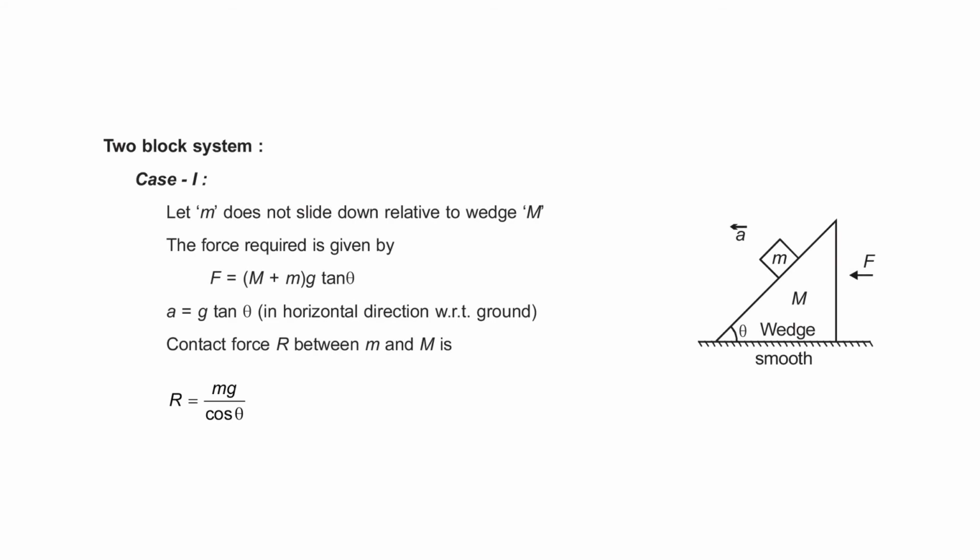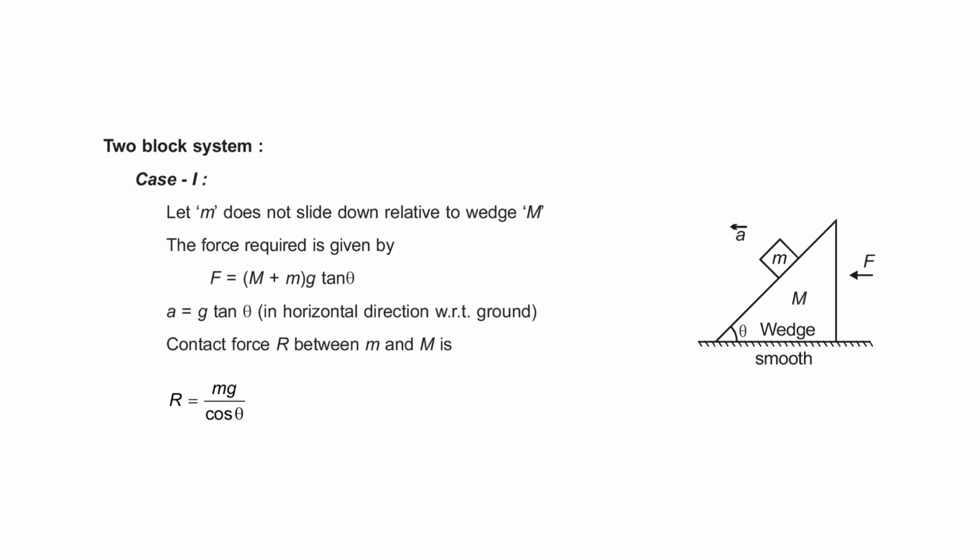Let us now move on to the next important problem after the pulley mass system. Now we will talk about the two block system. This is explained in two cases, case 1 and case 2. Let us talk about case 1 first. For case 1, refer to the image on the screen.